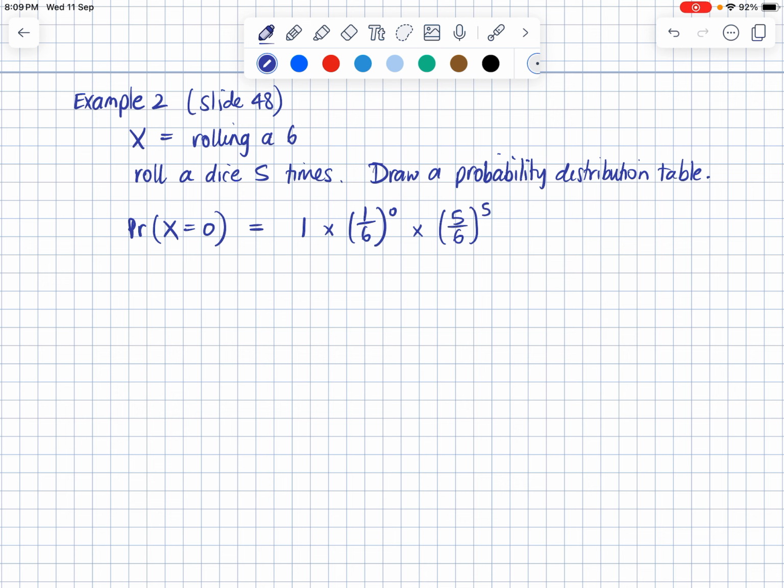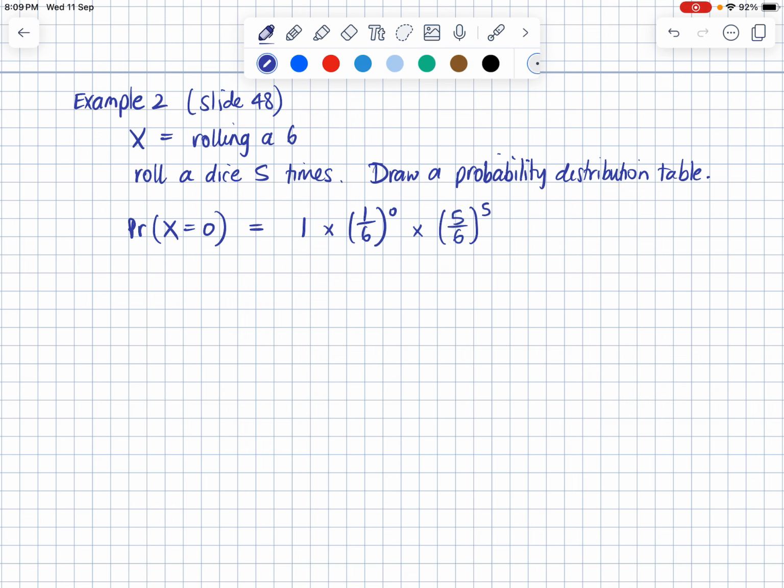So the short version of this is to jump straight to this step here. This is the combinations. This is the probability of getting a 6 and how many 6s I want. This is the probability of not getting a 6 and how many not 6s I want.